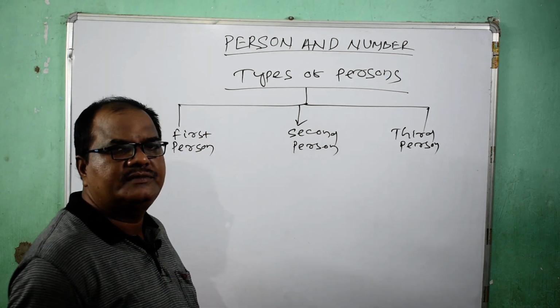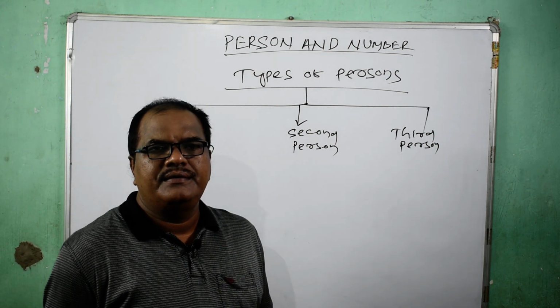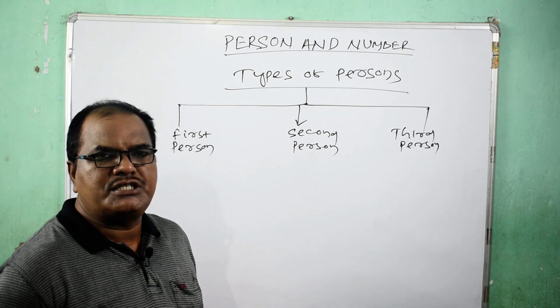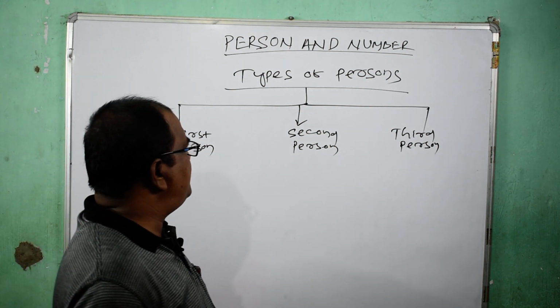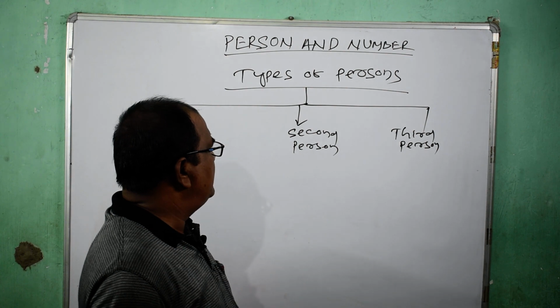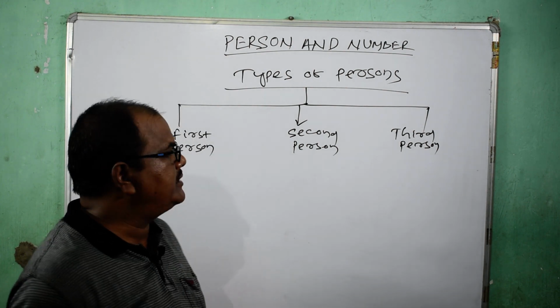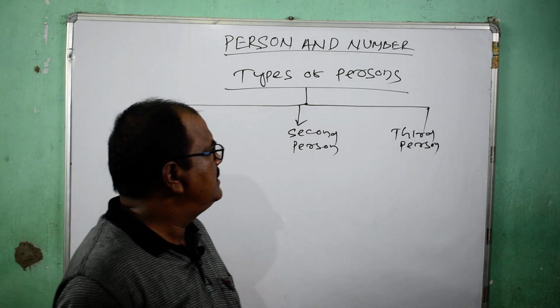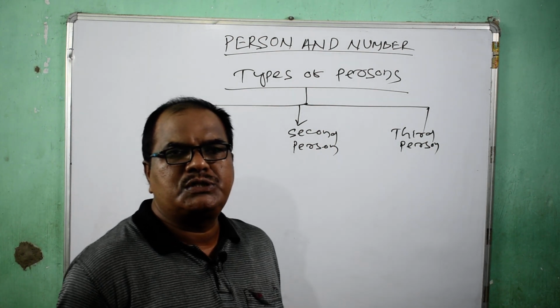The first person denotes the speaker. The second person denotes the person spoken to. And the third person denotes the person or thing spoken of.